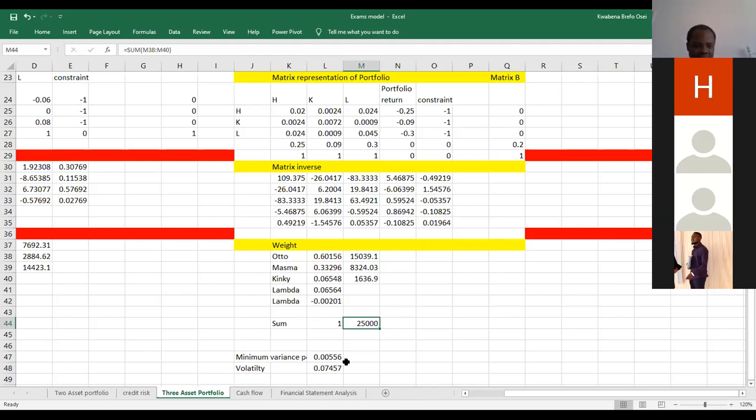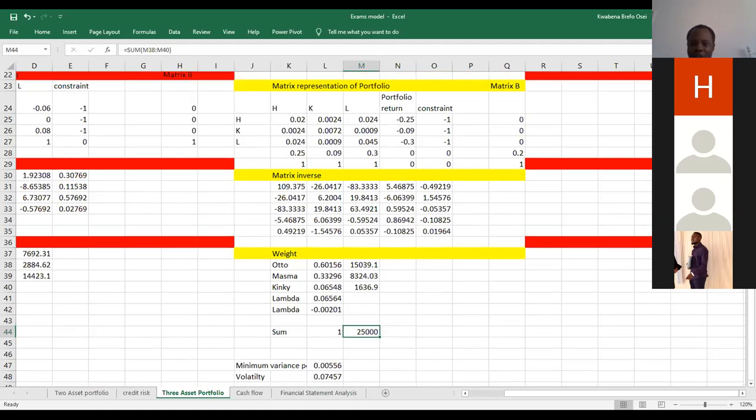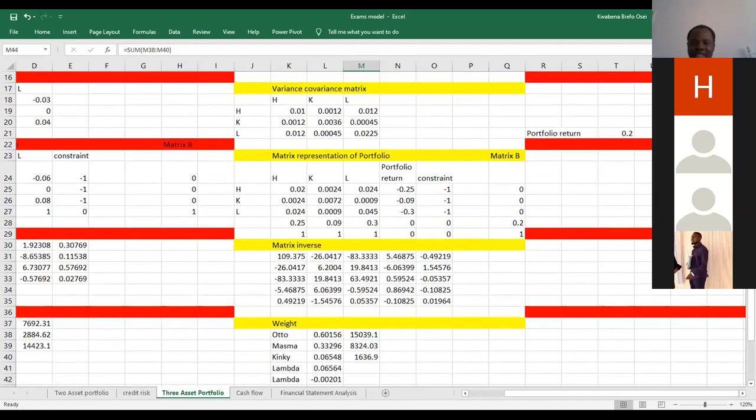The bonus exams were the same. The only difference was the portfolio return. If somebody remembers their portfolio return, I can just change it and we can get exactly the same thing you have in your bonus exams.